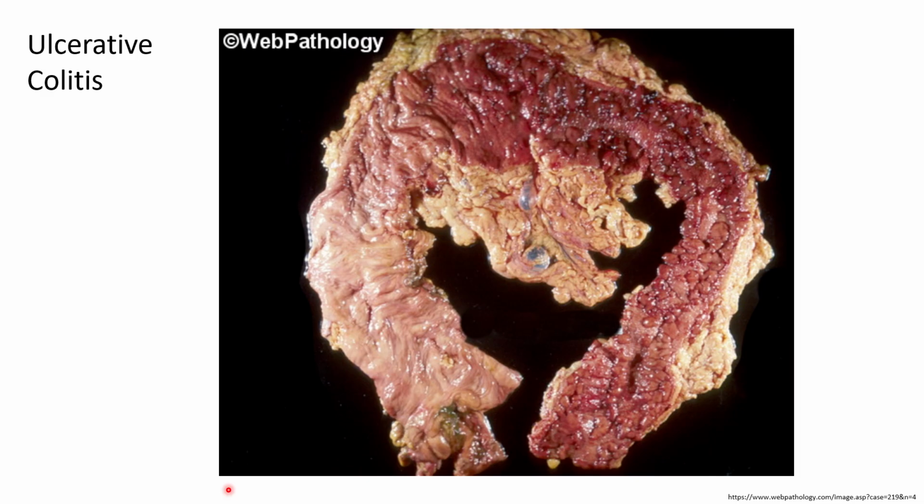This is a picture of a colectomy specimen from a patient with ulcerative colitis. Here you have the normal colonic mucosa, and here you can see there is the inflamed colonic mucosa. There is continuous inflammation. We can see that the mucosa is hyperemic, and there are numerous pseudopolyps.